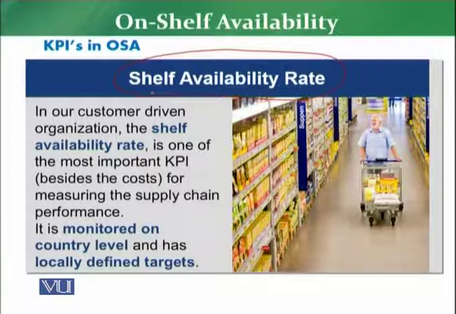In our customer-driven organization, it is normally the objective of a retail store that shelf availability rate is one of the most important KPIs along with cost. It is used for measuring supply chain performance, operations performance, and buying performance. For all the key stakeholders, the shelf availability rate is the key.